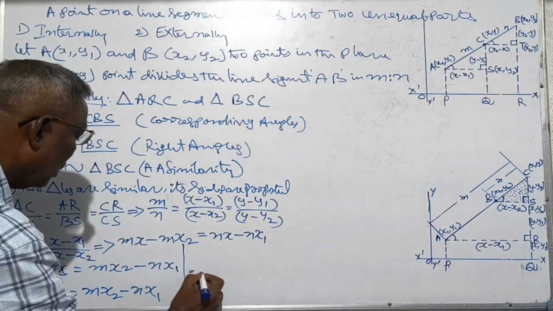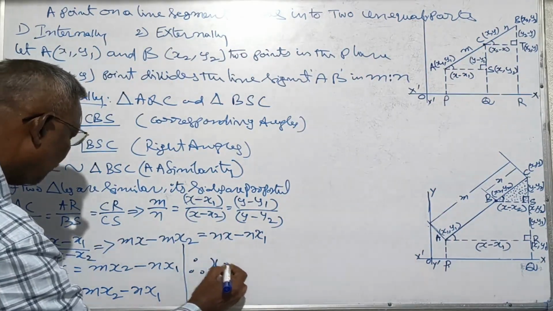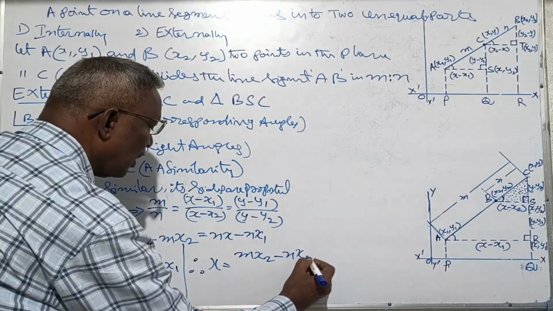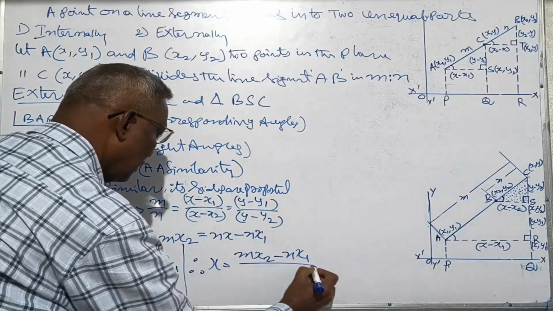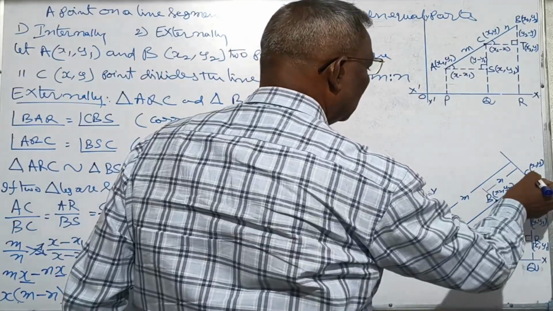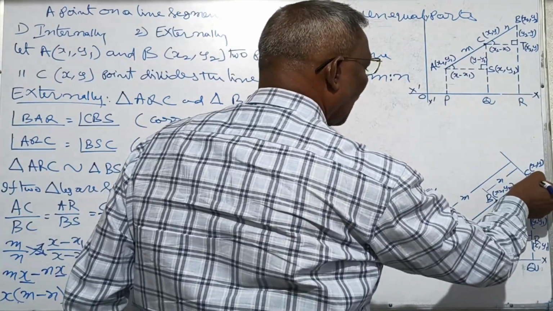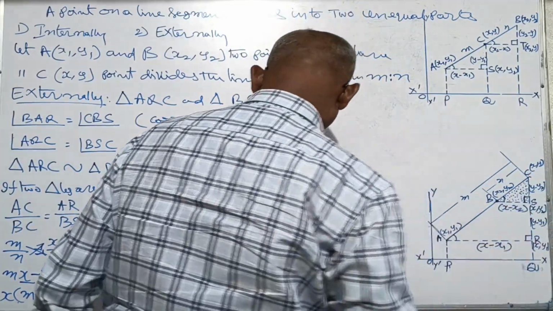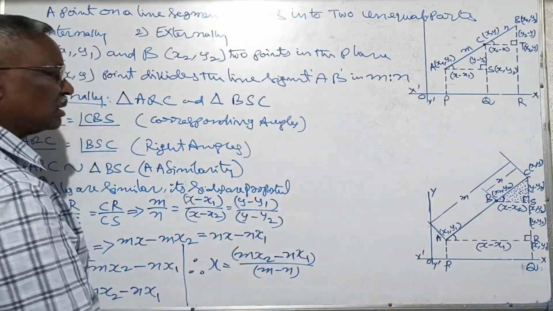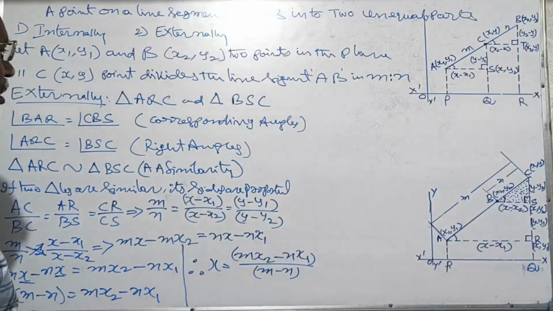Therefore, x is equal to mx2 minus nx1 by m minus n. Therefore, the x coordinate at point C is mx2 minus nx1 by m minus n.